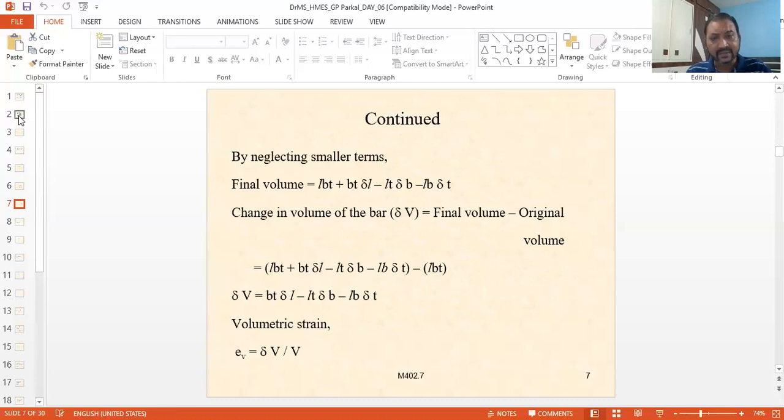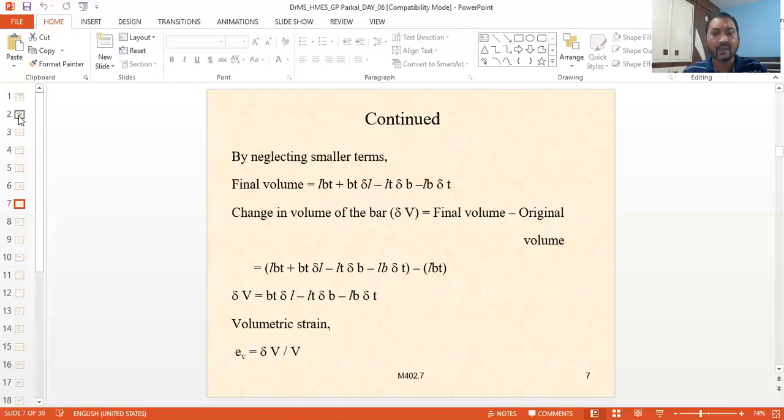Now the change in volume of the bar, delta V, is nothing but the final volume minus the original volume. So we got the final volume equation, and the original volume is L into B into T.